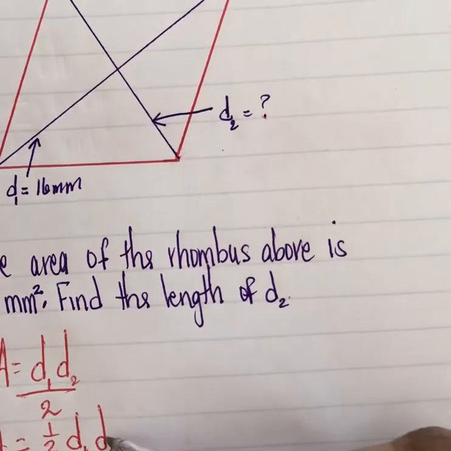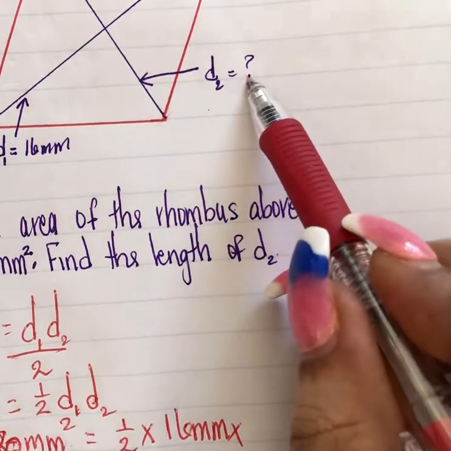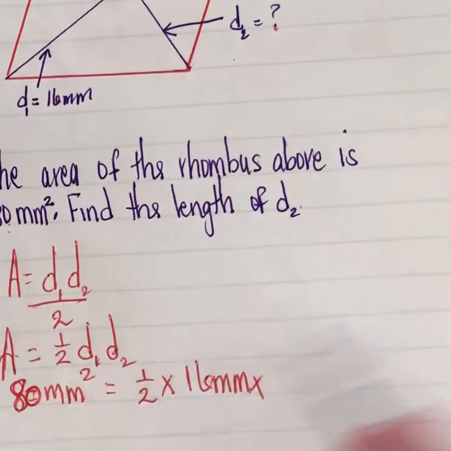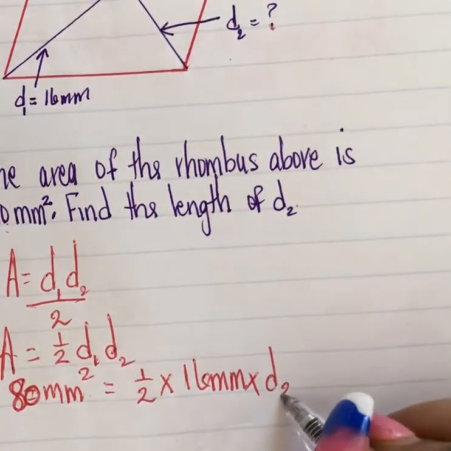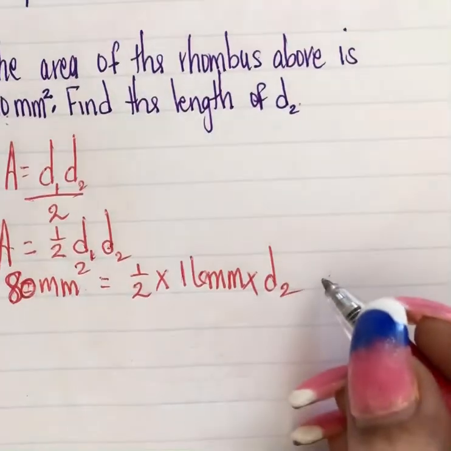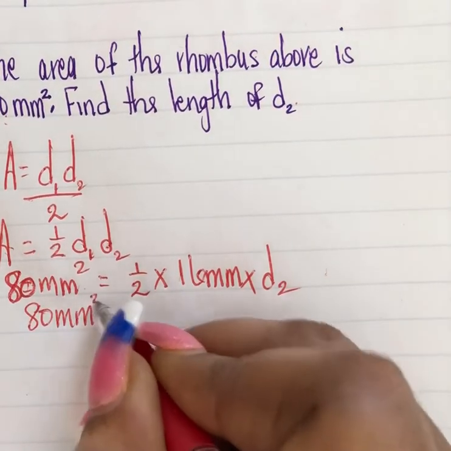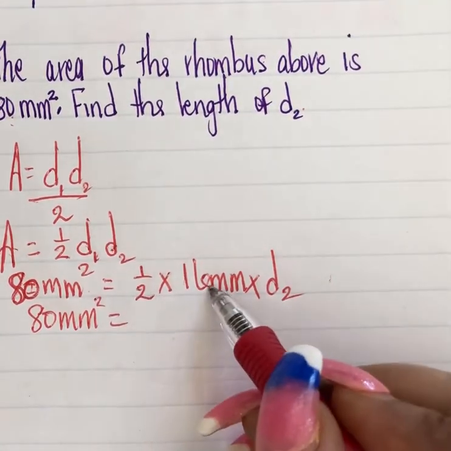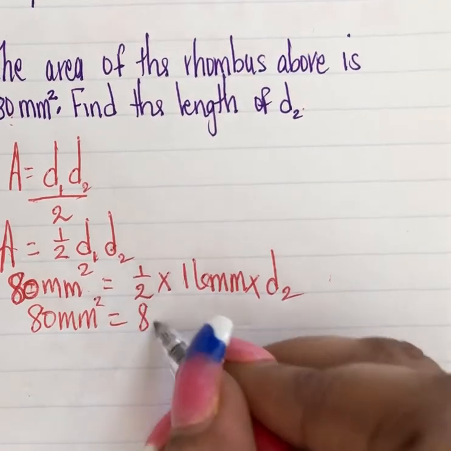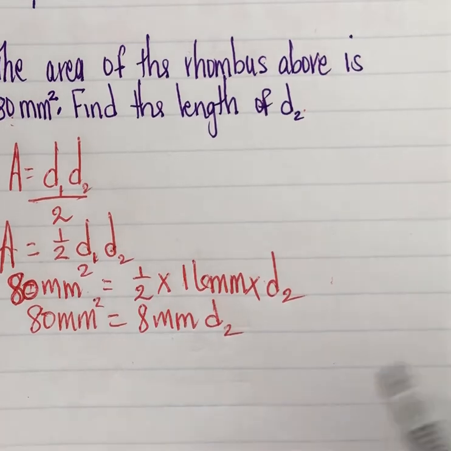But my diagonal 2, I do not know my diagonal 2. That is my unknown. So I will write D2. And let me simplify this line. 80 mm squared. Half multiplied by 16 is 8 mm, and my unknown is D2.